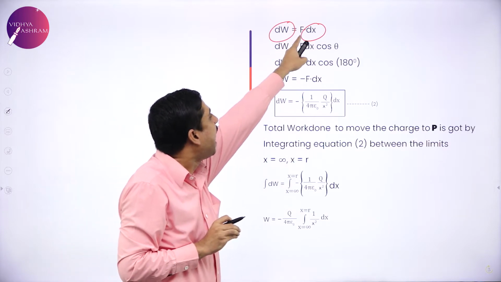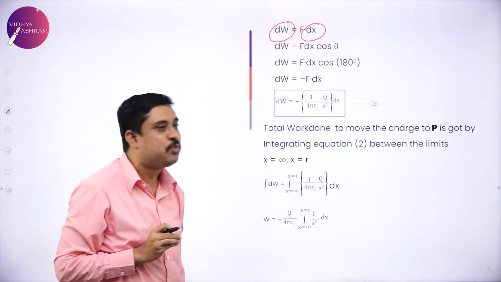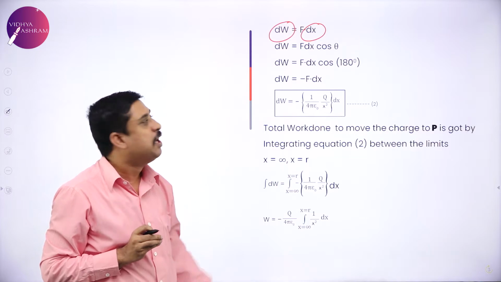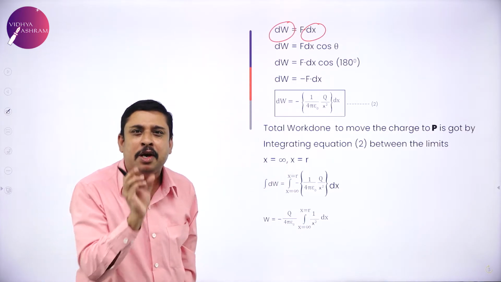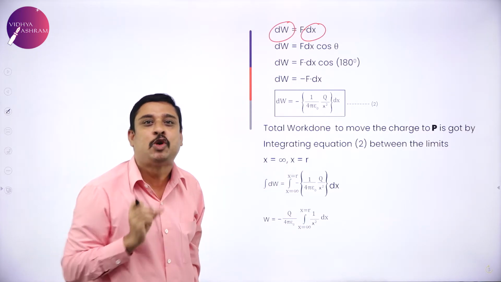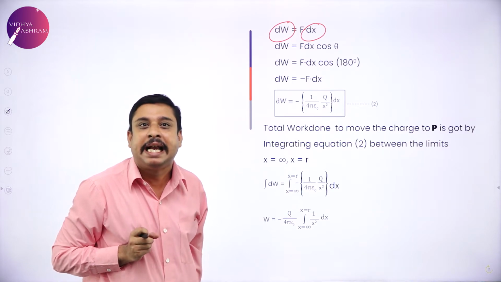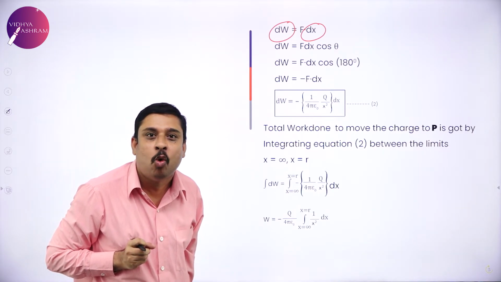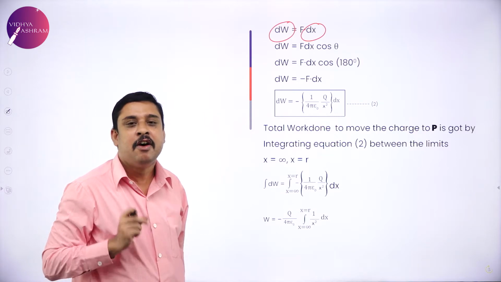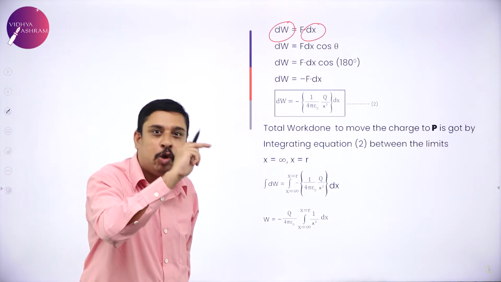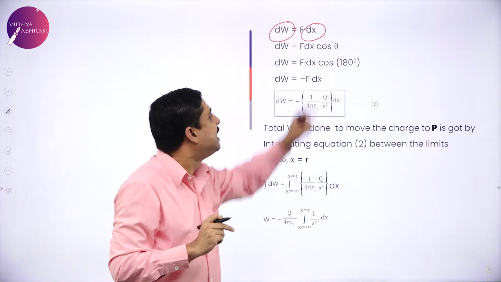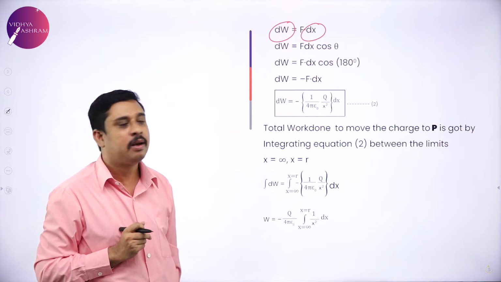That is why I am treating the displacement as dx. So dW is the small amount of work required to move the charge from A to B through a small distance dx.